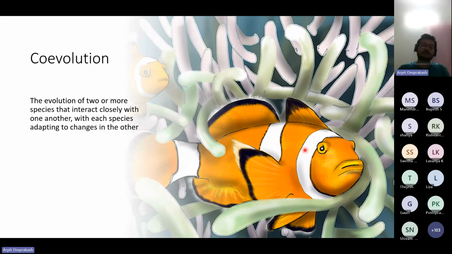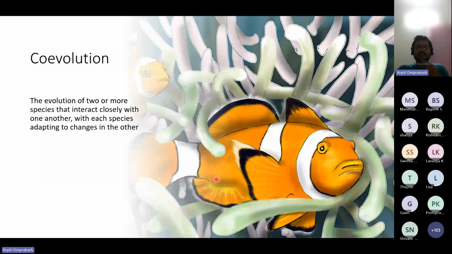It means two or more species that are living in a similar area, interacting closely with one another, maybe depending on each other for something. If one of them evolves some trait, the other one evolves a trait that helps it co-evolve or coexist with the first species.